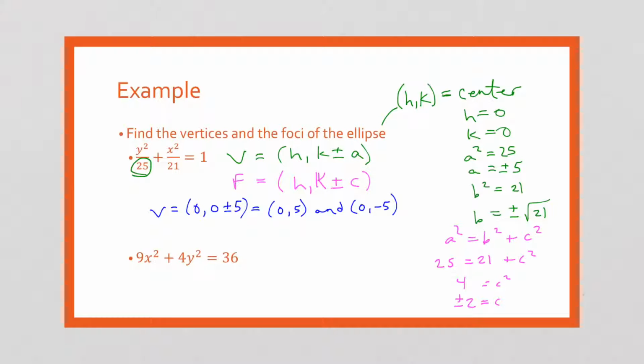Okay, then for my foci, 0 comma 0 plus or minus 2, which means my points are 0, 2, and 0, negative 2. So once I have the vertices and the foci, I've got things going. Right, so we really had to go through and find all of our values. What's h, what's k, what's a, what's b, what's c. So let's go ahead and look at the second one.